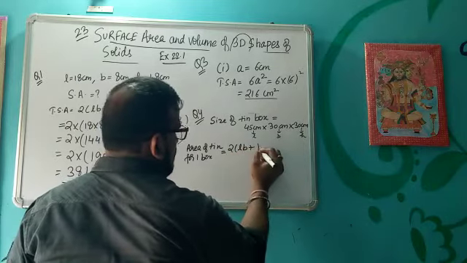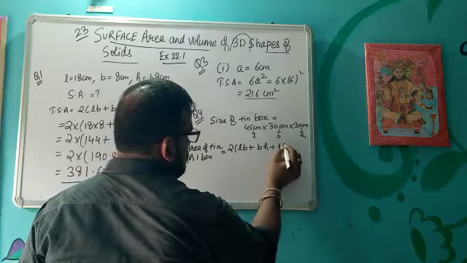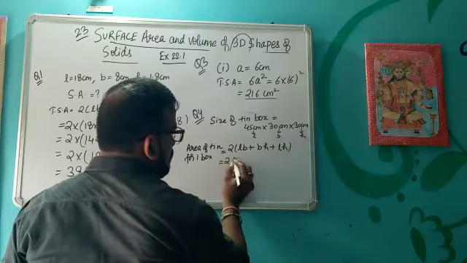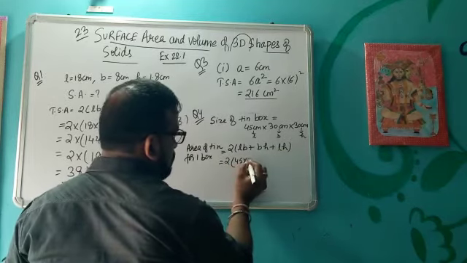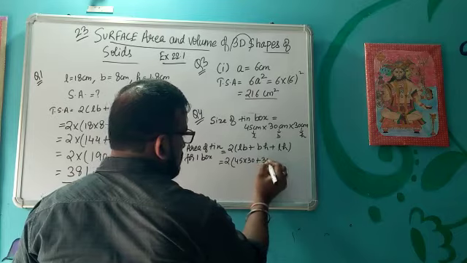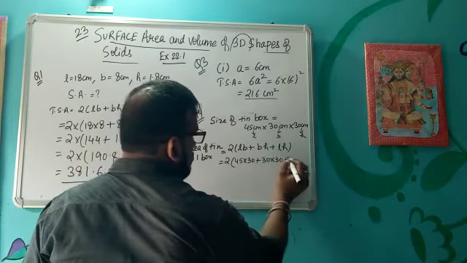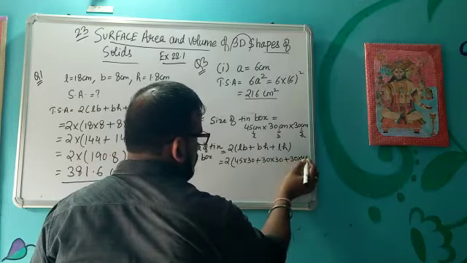So 45 into 30 plus 30 into 30 plus 30 into 45.